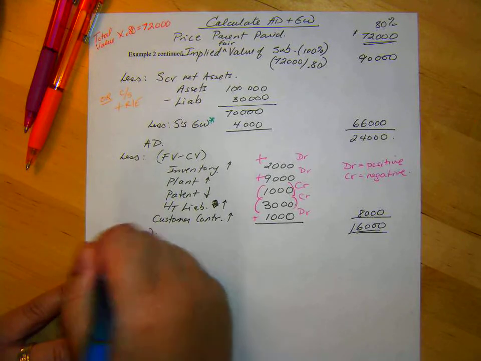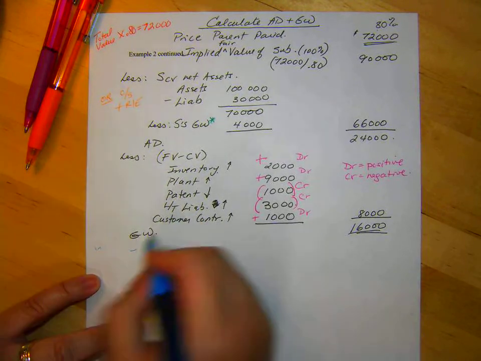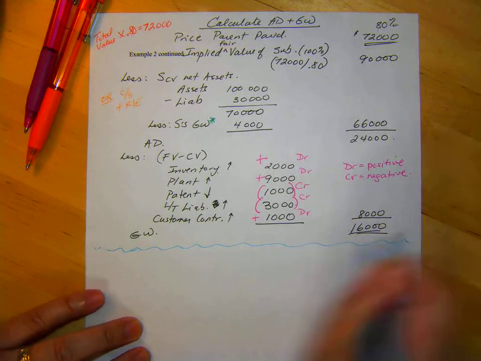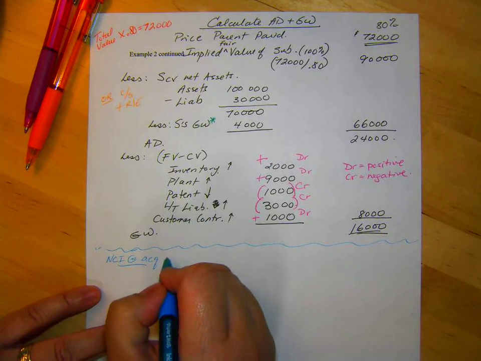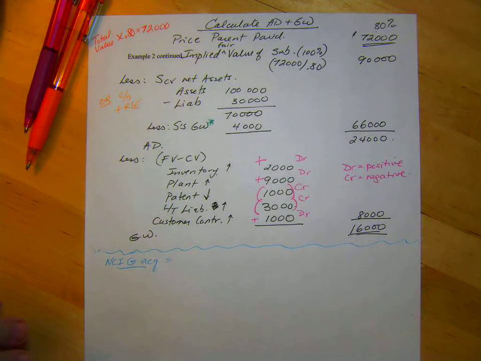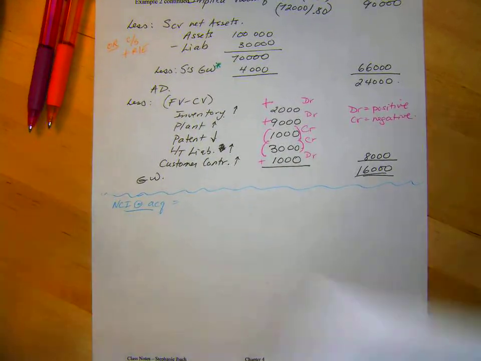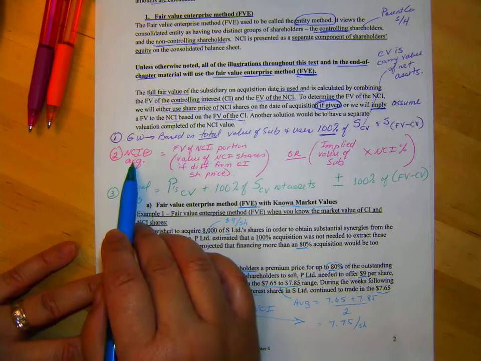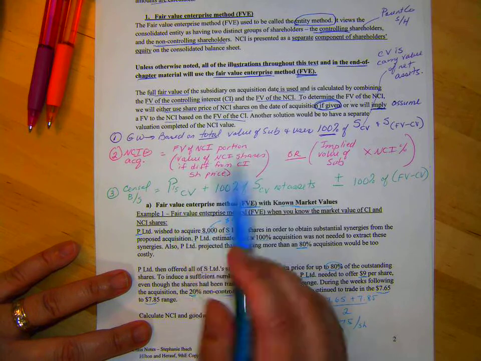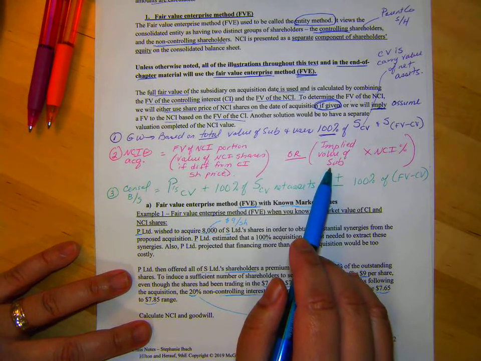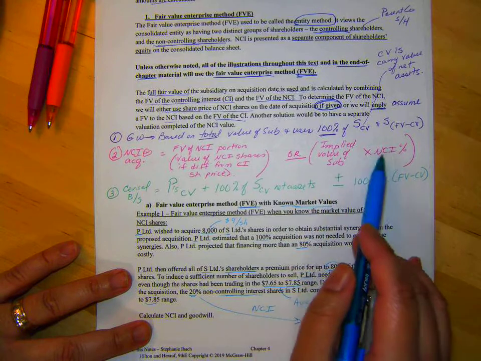Then we need NCI at acquisition. Well, going way back to page 2. On page 2, NCI at acquisition. Do we have a different share price between CI and NCI? No. Instead, we use the implied value, so we just take the implied value of the sub times the NCI percentage.